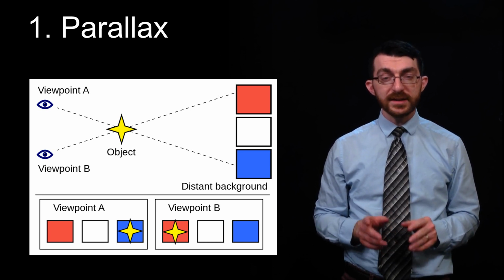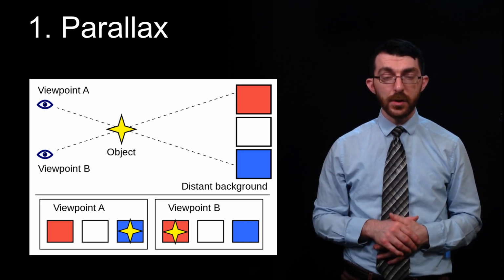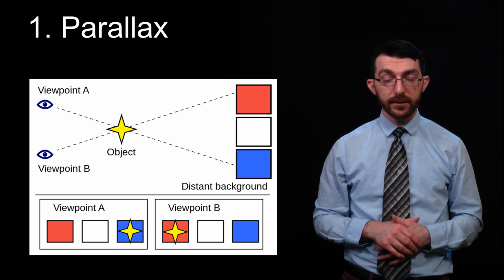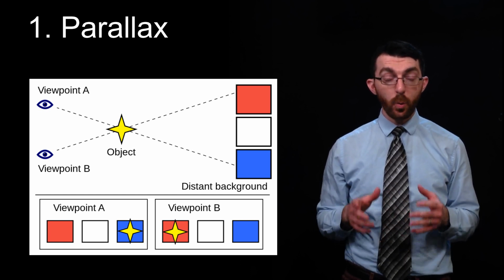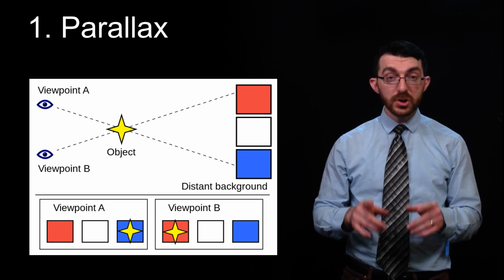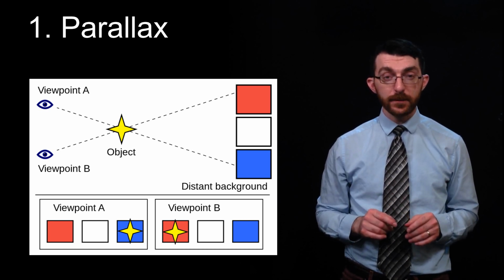You should notice a slight change in position of everything in your field of view. This is called parallax. Now, you can actually use this with some math to determine the location of faraway objects.